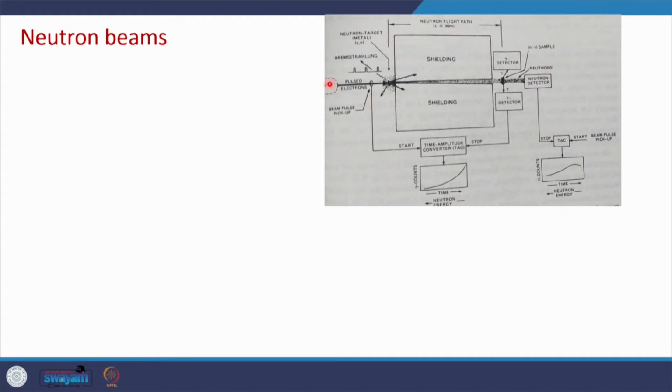LINAC is widely used for the production of neutrons. So, in these beautiful experiments, let me explain how neutrons are produced. See, this pulsed high energy electron beam is used to produce neutrons whose energies are from a fraction of keV to several hundred keV, of course, after moderation.